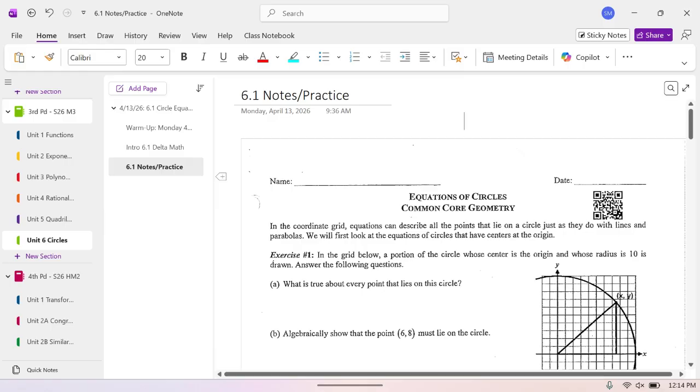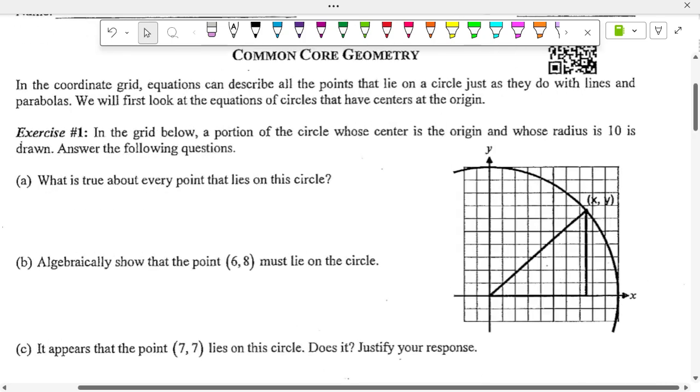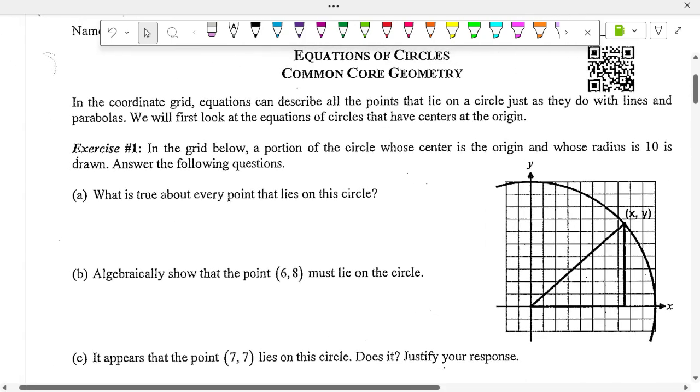All right, shh. So we can go through this fairly quickly because it's really just a reiteration of what we just learned.